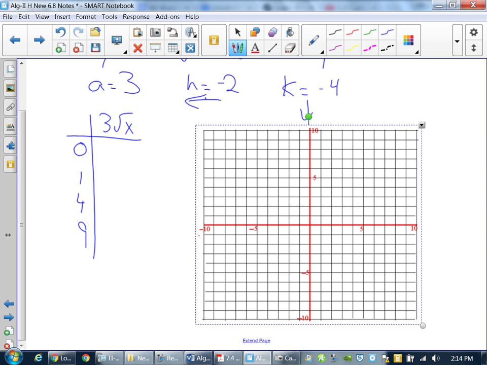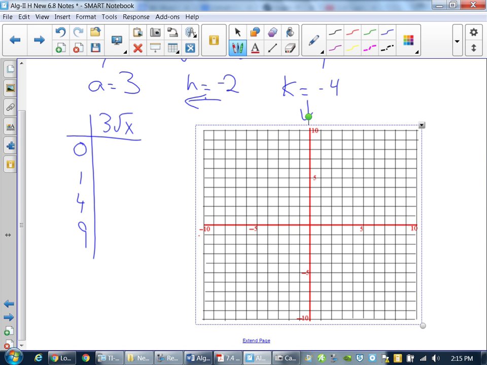Are we always going to use 0, 1, 4, 9? Yeah, because they're perfect squares. And tomorrow when we talk about cube roots, what are the perfect cubes? 0, 1, 8, 27.